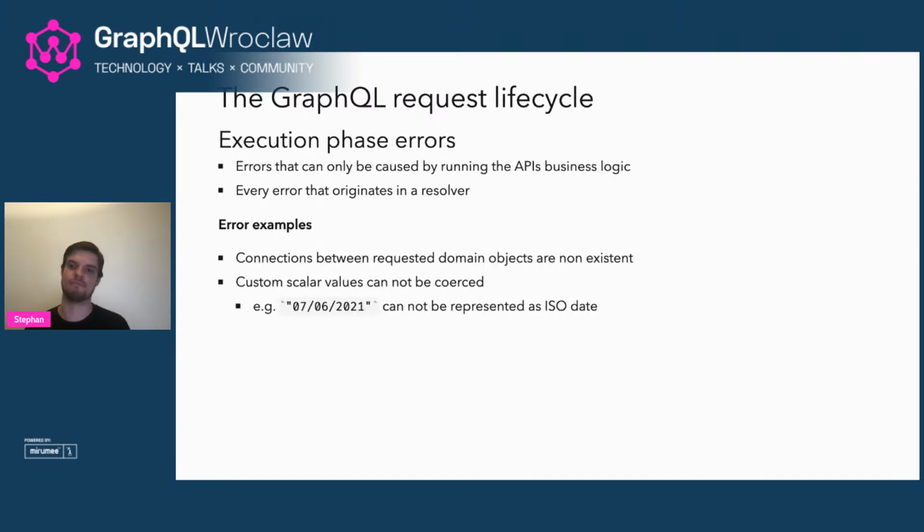And then the meaty, juicy part: the execution phase errors. Everything that is concerned with your business logic, like a database request failed or something wasn't found. Maybe even the custom scalars that we have seen in one of the two talks beforehand. If we send, I think that's the US style of sending a date, which cannot be represented as an ISO date, you only know that once you have executed the business logic that defines what a date looks like.